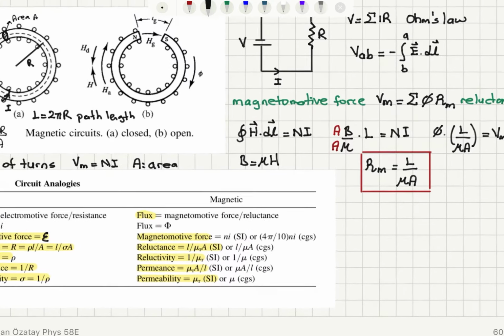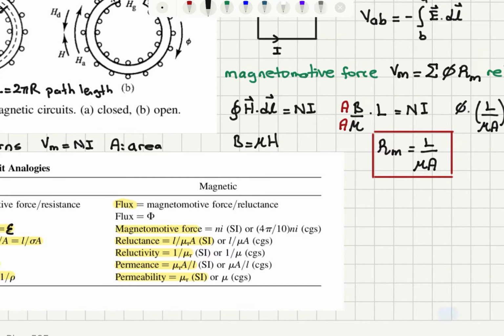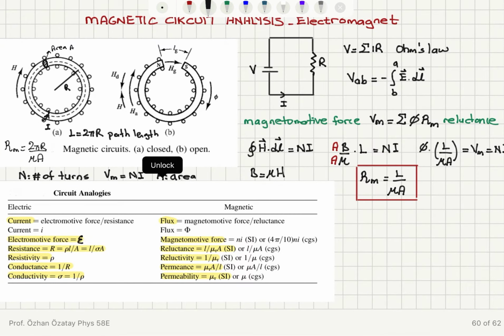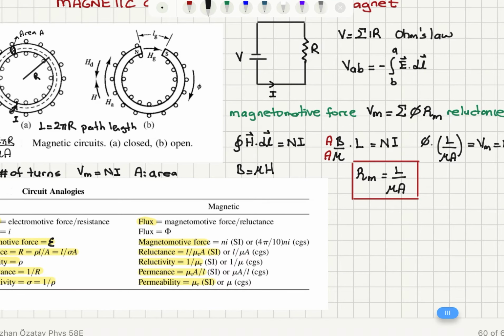Let's see if we can find this analogy for the magnetomotive force. As we said, the total magnetomotive force is the total current enclosed by the loop, which is N times I in SI.